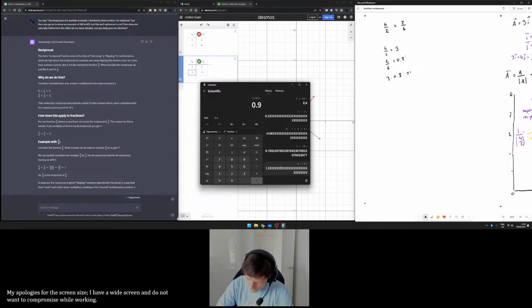So let's now try this with something else. So 4 over 2 equals 2 over 4 because, oh, I see. Let's just try and manipulate this a bit.